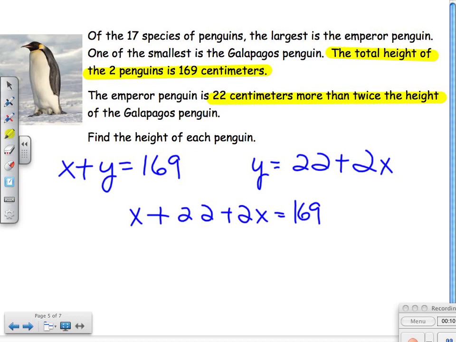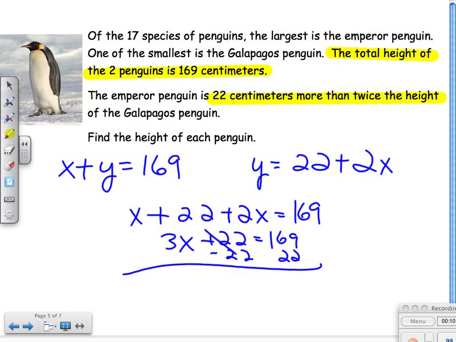Okay, so we'll have 3x plus 22 equals 169, minus 22 on both sides. We get 9 from 2 is 7, and 147 equals 3x, and we divide both sides by 3, and we get x equals 49.